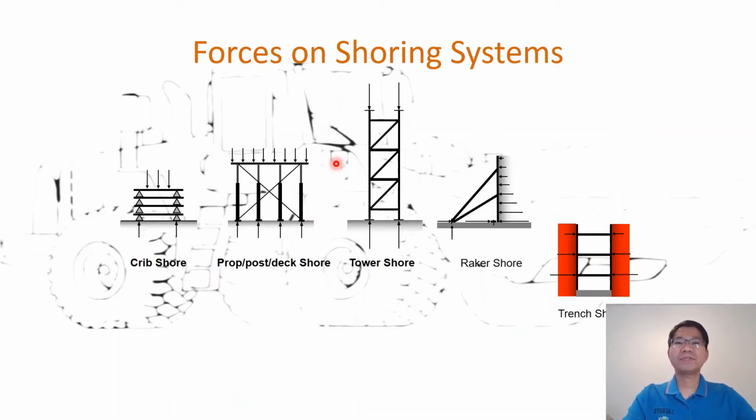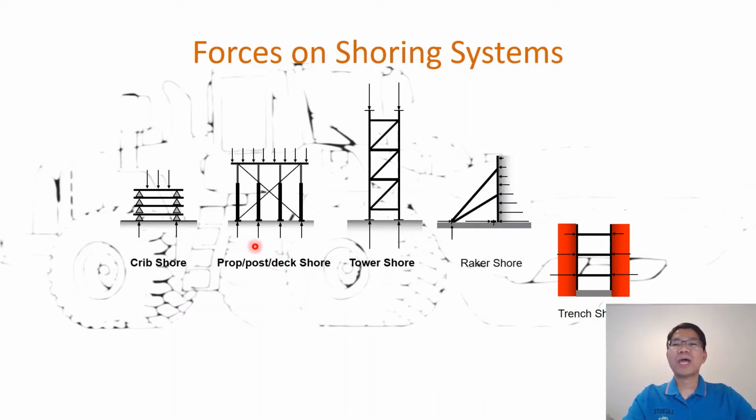And what are the forces applied on the shoring system? The answer depends on the application of the shore that you use. If you grip the shore, the load is vertical and the reaction goes to the top. If we use the shore to set up the formwork system and temporary structure for placing the concrete slab, then you will have the concrete dead load, the formwork load, and also the live load of workers and equipment working on it.